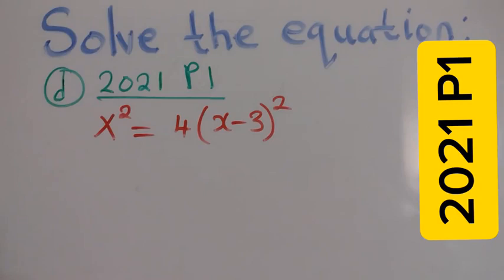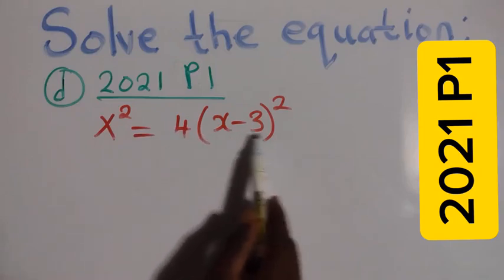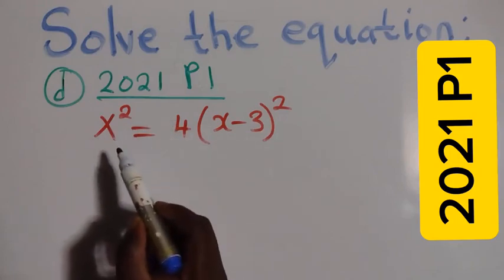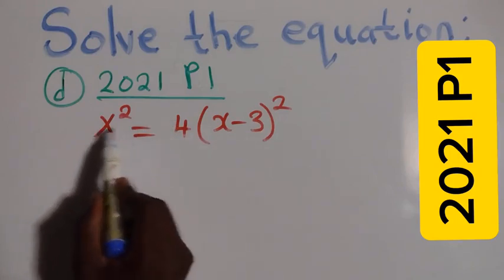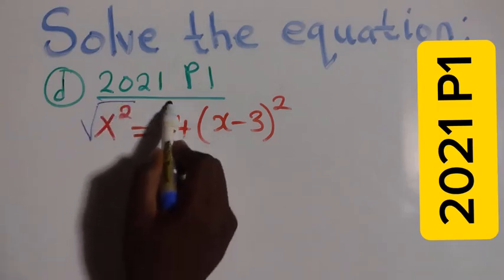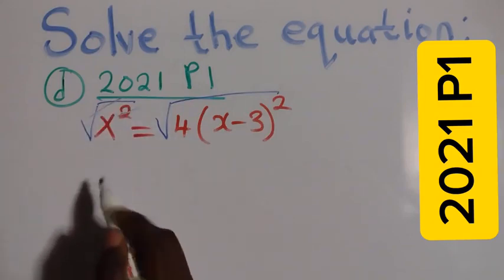So for our method 1, we can observe that we have x squared is equal to 4 in brackets, we have x minus 3, and there is a square here. So we can try to get rid of the square on this one by introducing a square root. Even this side, can introduce the square root, so that this 2 and the square root will cancel.